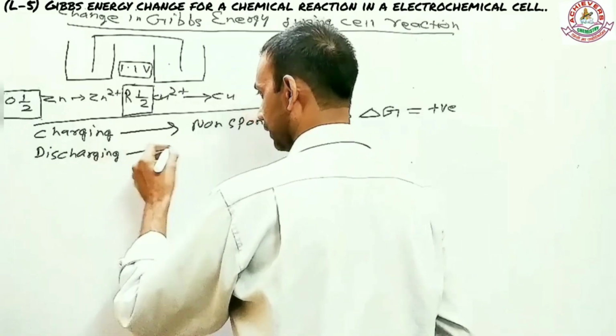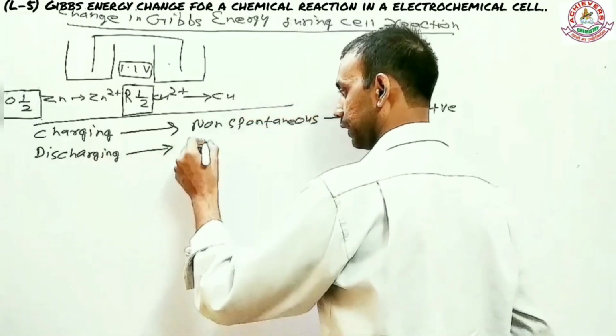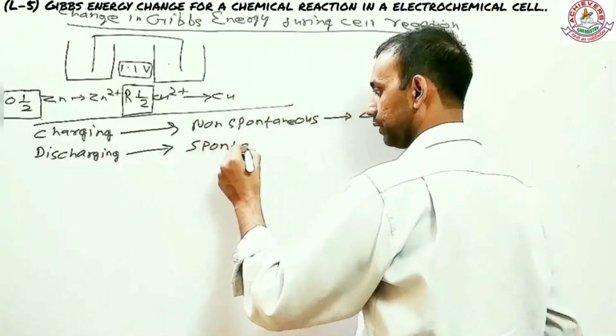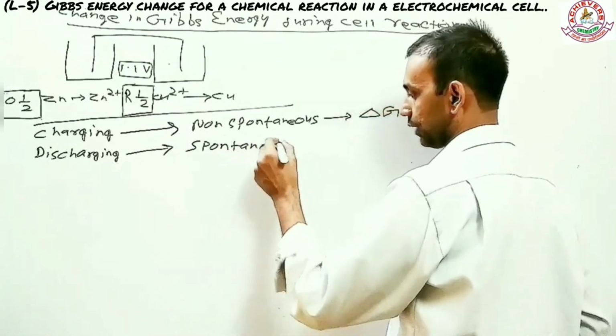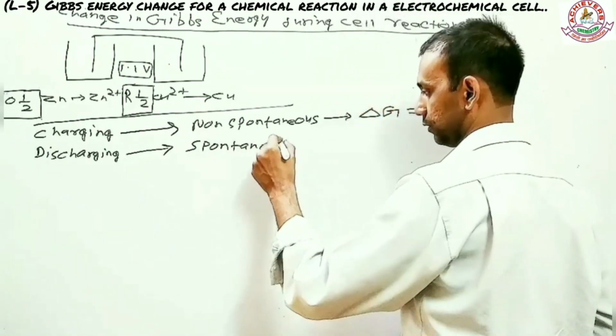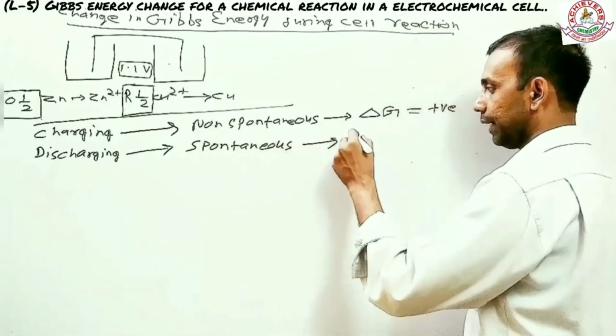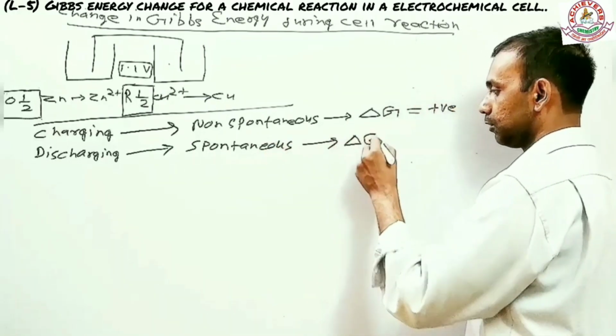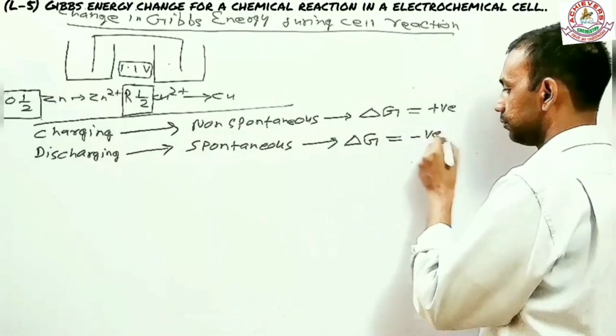Another reaction is discharging, and discharging is a spontaneous reaction. You don't have to do anything to get a battery to discharge. It will discharge on its own even if you don't use it. So this is spontaneous, and for that, delta G must be negative.